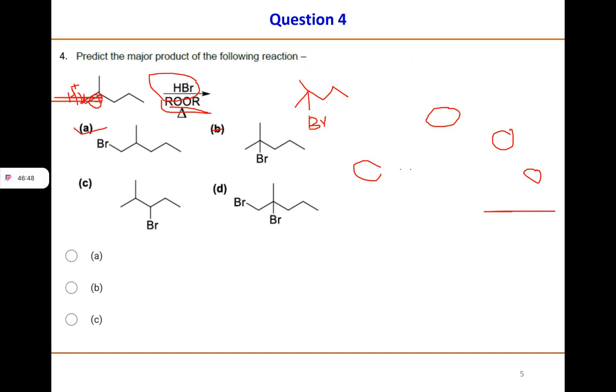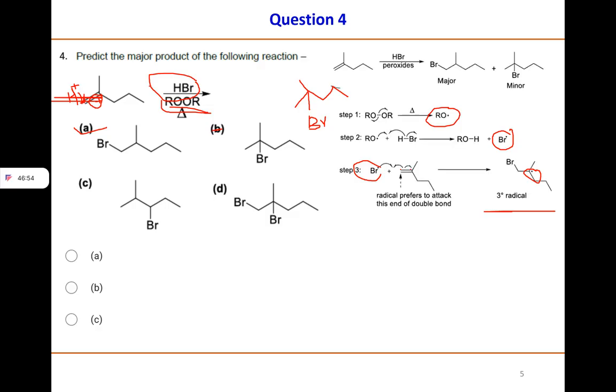And then we have discussed the product formation in this case with both the ionic as well as the radical mechanism. In the absence of peroxide, it goes via the ionic mechanism, where we get tertiary carbocation formation followed by substitution of bromide.